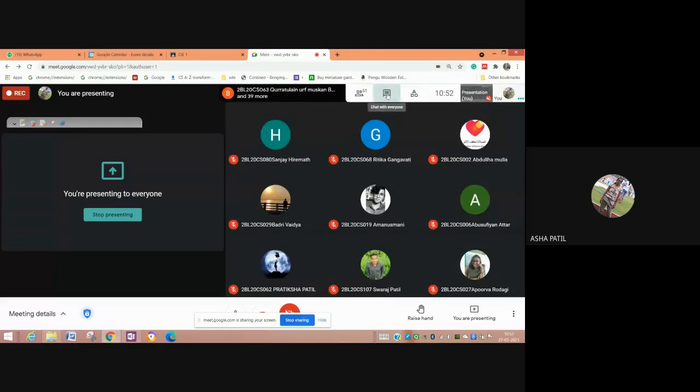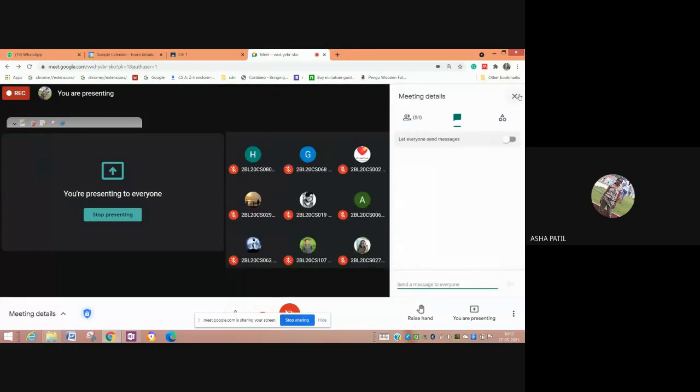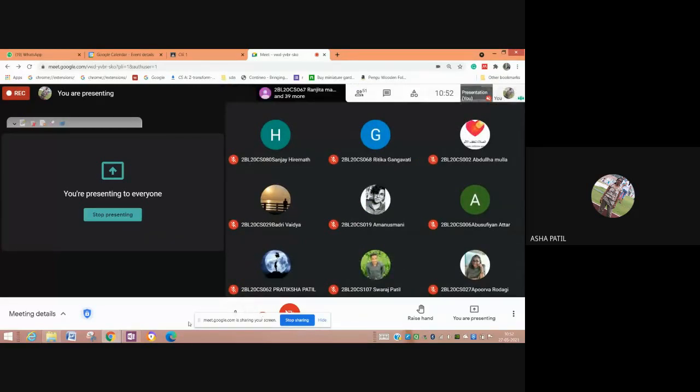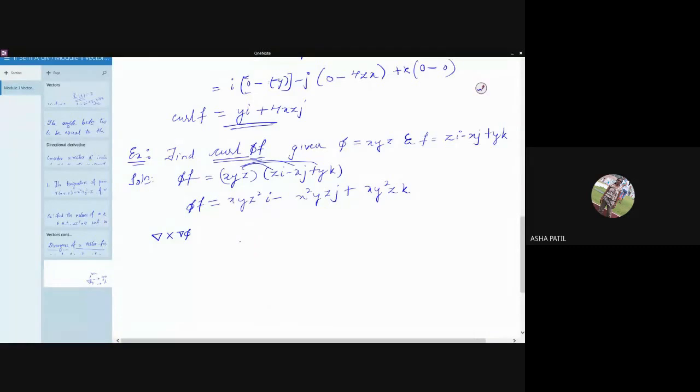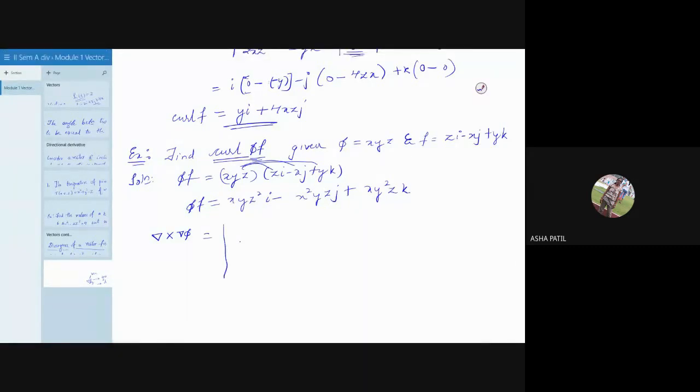Find the determinant. Can you tell the answer? See that you write the terms with a little bit of space, so that you can write the terms correctly. Big terms are there, so see that you have equal spacing. Don't write i j k in one term and the others somewhere else.